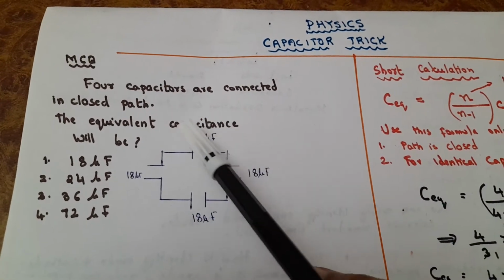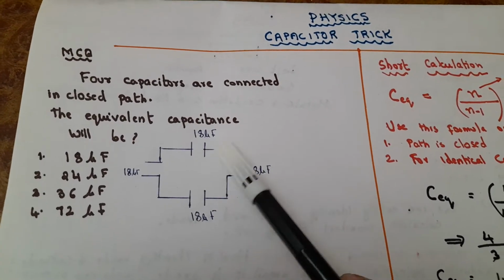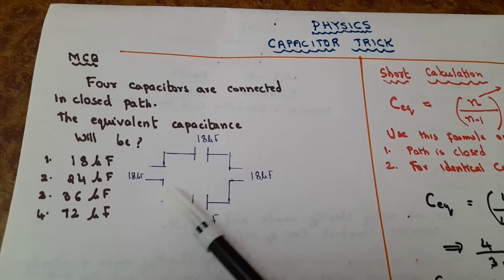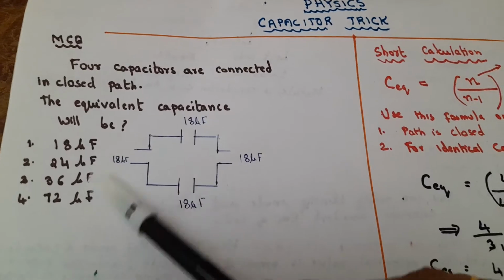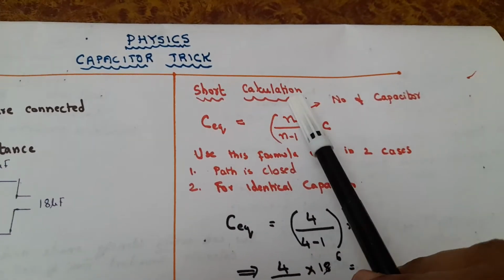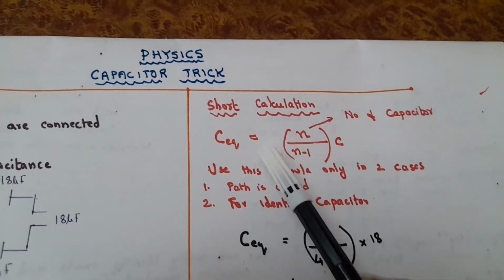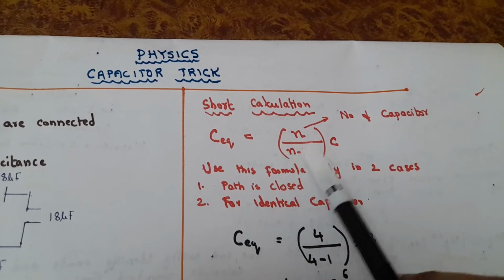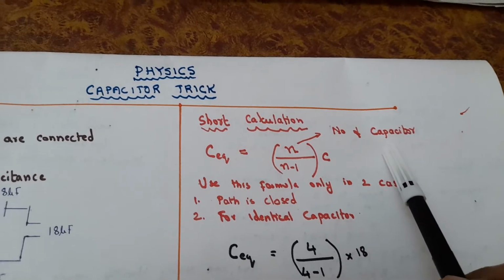I think you all understood the question. You have 4 capacitors here, and each capacitor is 18 μF. You have to find the equivalent capacitance, and you have 4 choices here. How will you do the short calculation? We have a formula to find the equivalent capacitance, which is equal to N divided by N minus 1, into C. N denotes the number of capacitors.